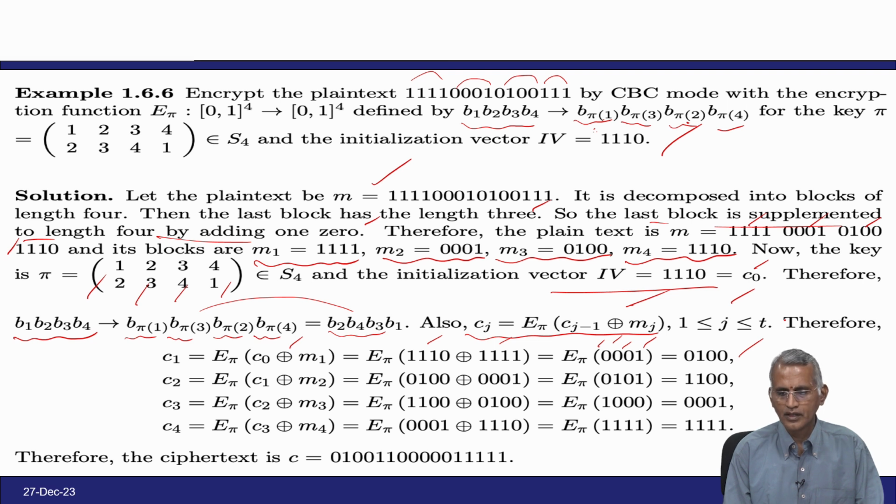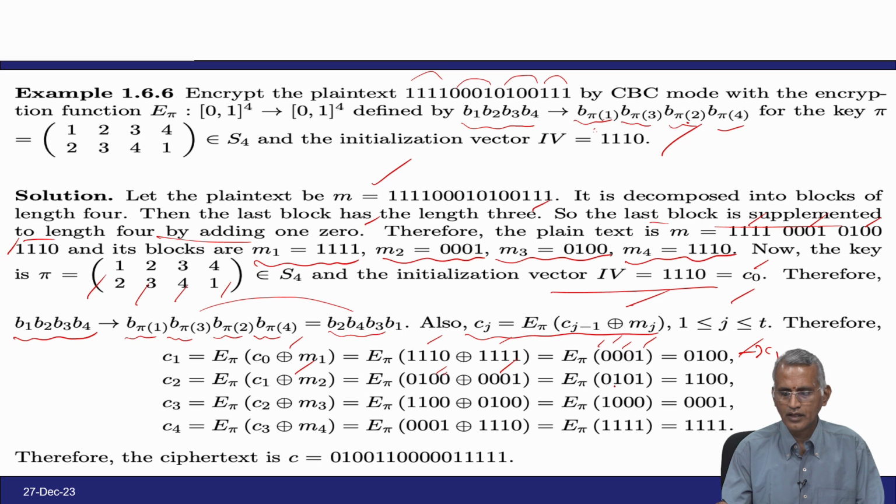This way, 1 maps to 3, 3 maps to 2, 2 maps to 4, like that. So it will come, therefore, 0 1 0 0. Next, C2 is E pi of C1 XOR M2, which is E pi of C1 value. This is C1, substitute here, and M2 we already have, XOR applied.